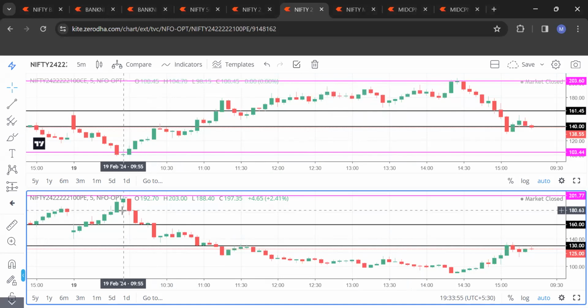And now see, this target is hit. 203. You got it, 160 plus 26.11. The gentleman said it correctly. I calculated from 161.45, so that is why there was a thin margin of error of around 2 rupees. Now see, the targets are precisely hit.